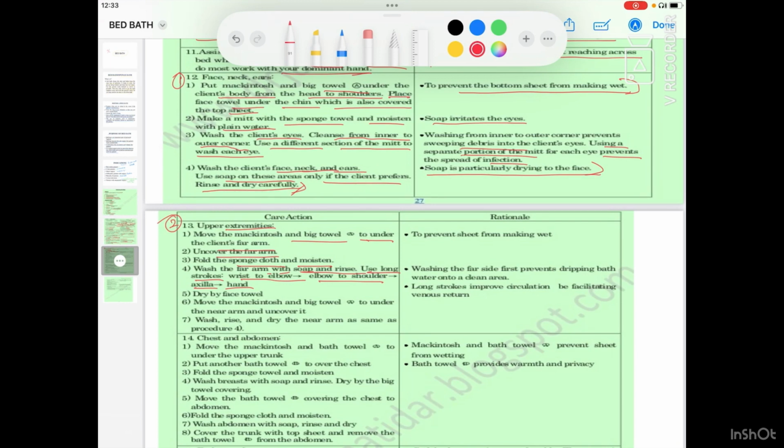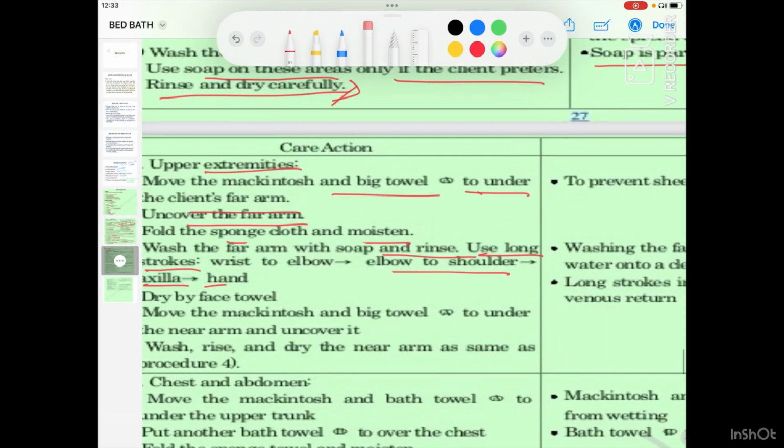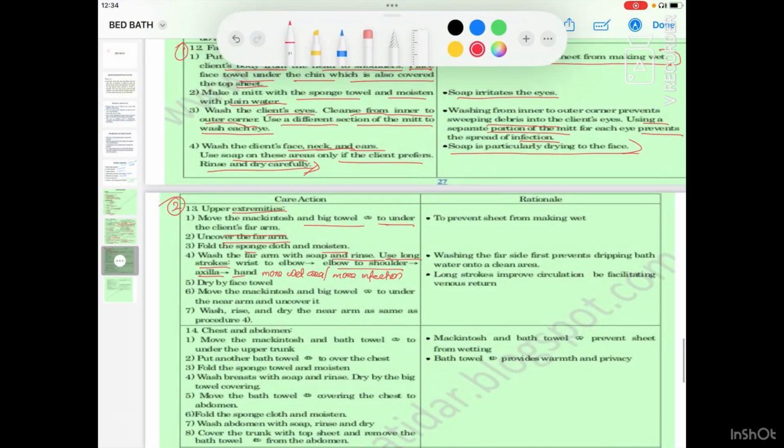Why do we leave the axilla for last? Because the axilla is a wetter area, so there is more infection there. That's why we give the axilla the last turn.